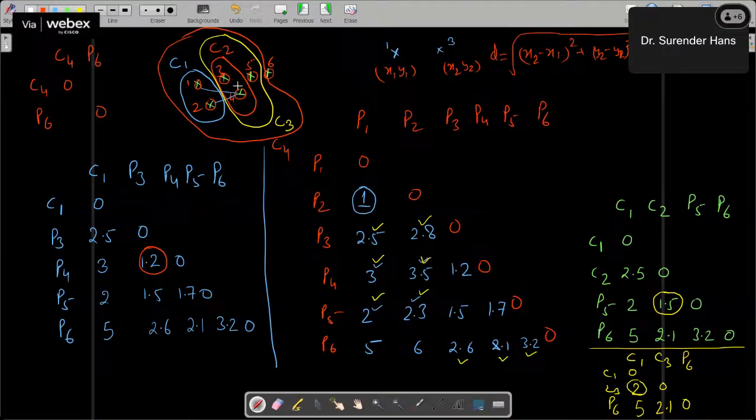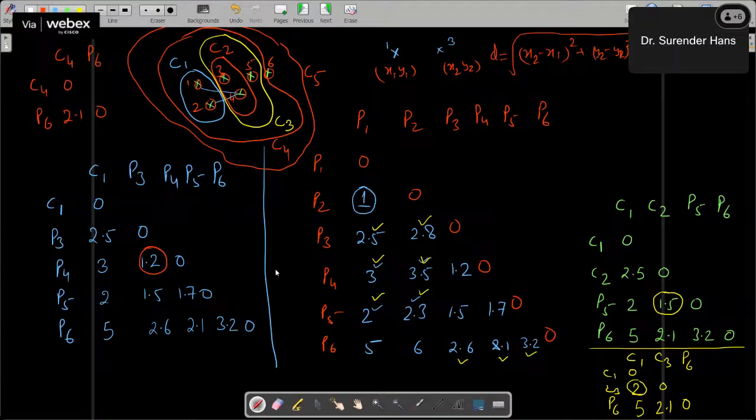So now 1 to 6, 3 to 6, 1 to 6, okay, 2 to 6. So now the minimum value is here, that is 2.1. Okay, so now at the last, this will be one cluster, that is C5. This C5.